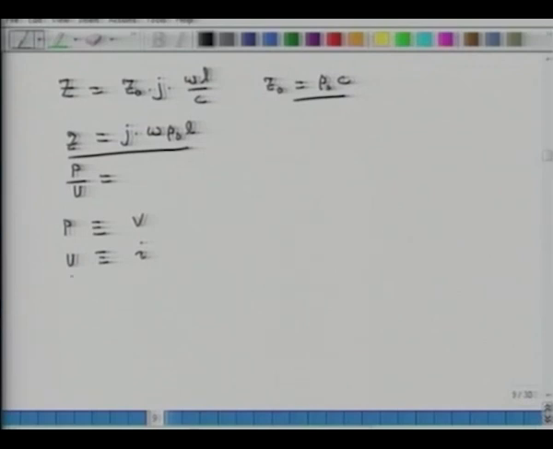If I invert these analogies such that P looks like current and U looks like voltage, which I did in the mobility analogy, then in such conditions a closed tube looks like a capacitor.